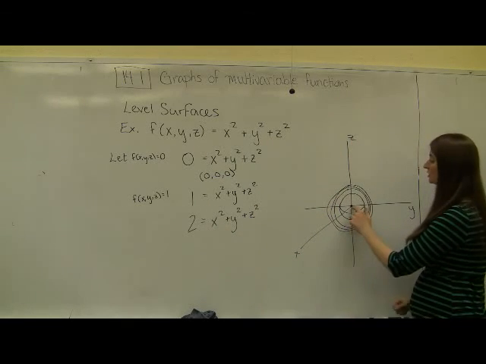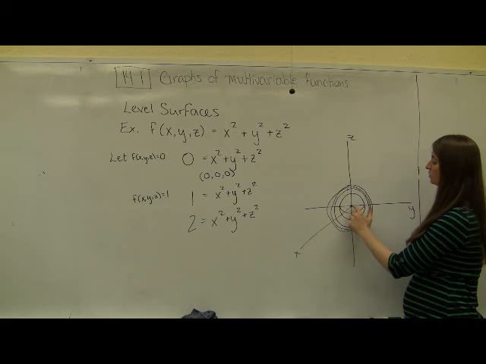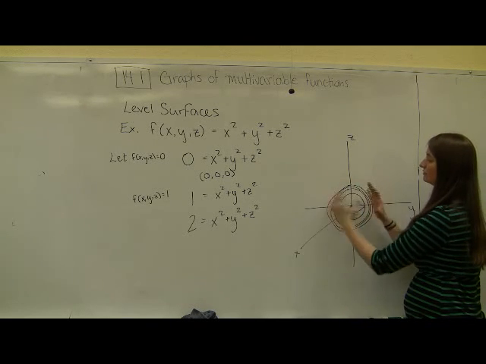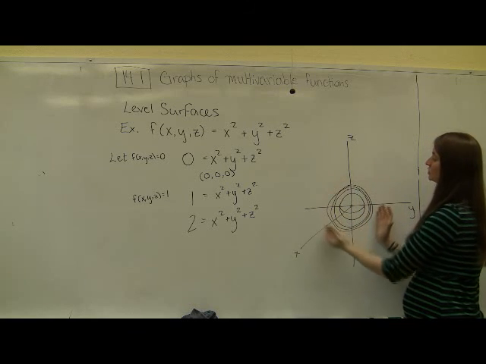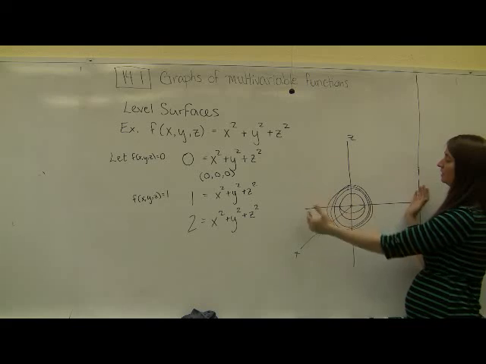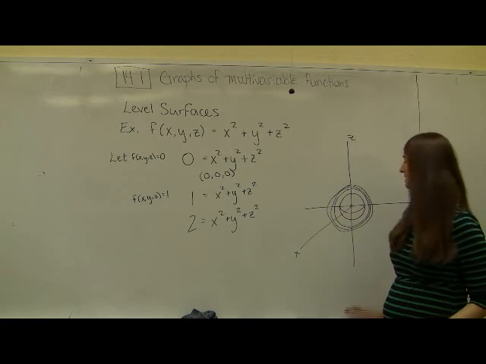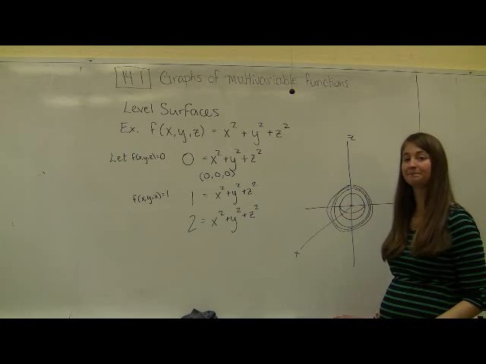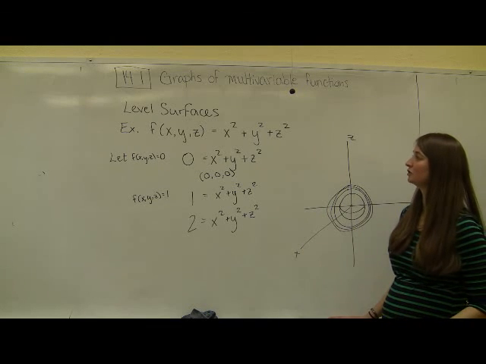So I could have some sort of heat sink right at the origin. So right at the origin, the temperature is equal to 0. And in spherical waves emanating outwards, the temperatures are exactly equal to one another. And the temperature gets bigger and bigger as you move outwards, away from that heat sink centered at the origin. So that's the idea behind level surfaces.